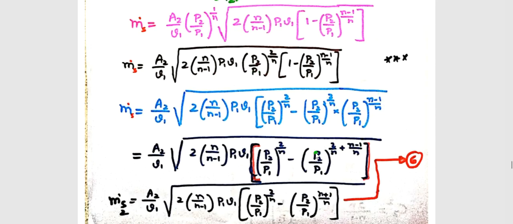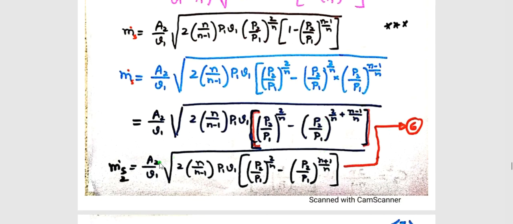Okay. So A2 by V1, 2 into n minus 1 as it is. Now add these two, because the base is same, base is P2 by P1 here and base is P2 by P1 here. So the powers we can add easily: 2 by n plus n minus 1 by n.